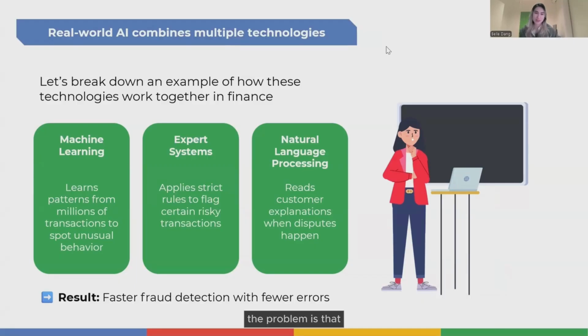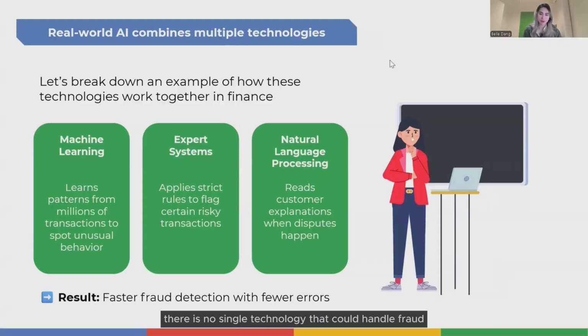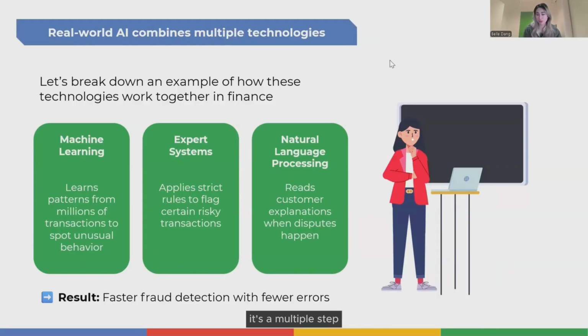The problem is that no single technology could handle fraud detection alone. It's a multiple-step process. The solution is integration. By combining these tools, we get faster and more accurate fraud detection with fewer errors. This real-world example demonstrates that when we use the right mix of technology, we solve problems more effectively. This can be either integrated into one or actually using different AI technologies in combination. I encourage you to explore how you might combine tools in your work and let me know what works best for you.